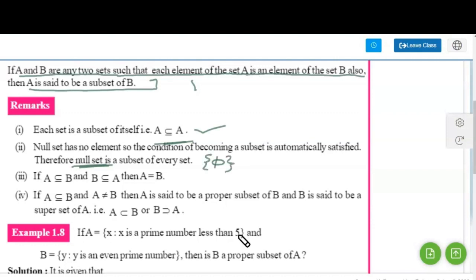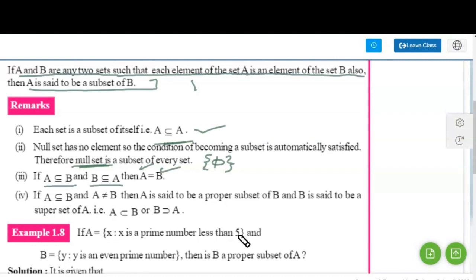That is another rule. Third one says if A is a subset of B and B is a subset of A, that means both of them are equal. The same, they are talking about the same set. The elements in A will be equal to elements in B. Okay.